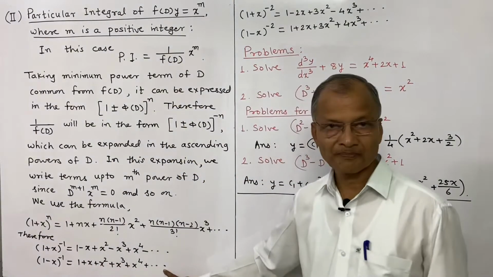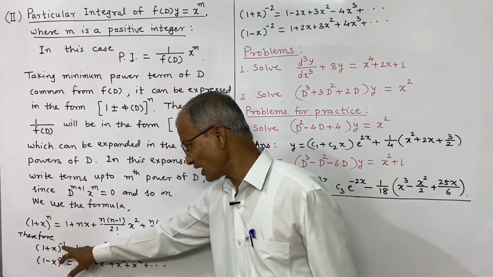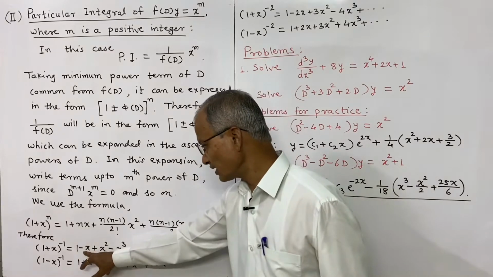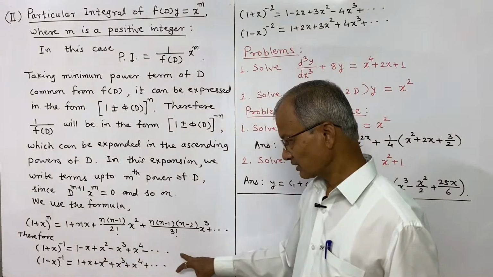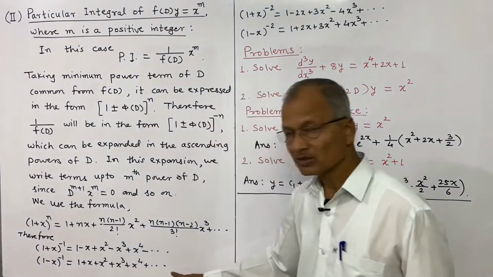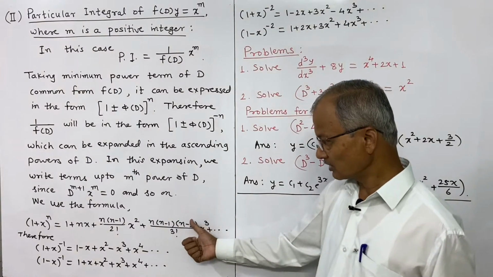So here you remember, if there is 1 plus x power minus 1, the terms are alternate positive negative: 1 minus x plus x square minus x cube plus x power 4, etc. And if both these signs are negative, each term becomes positive. That can be easily verified by using this formula.